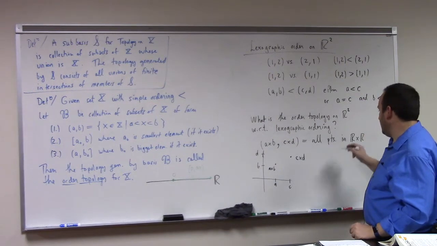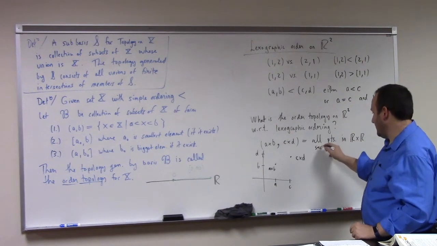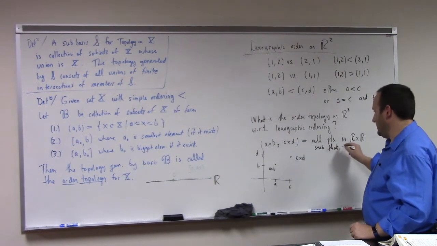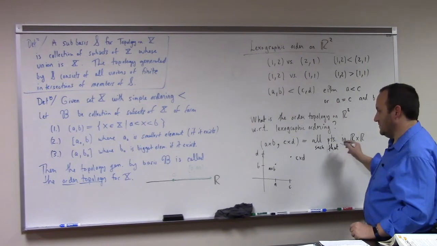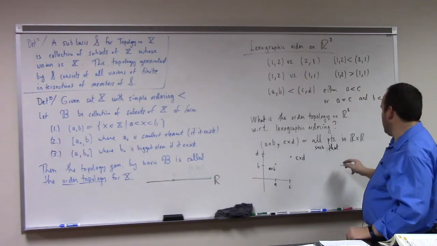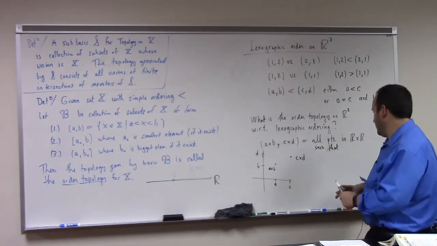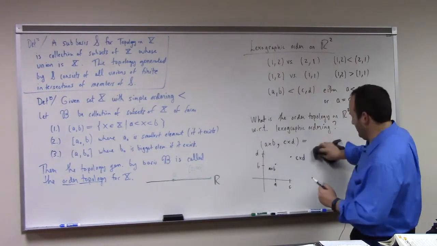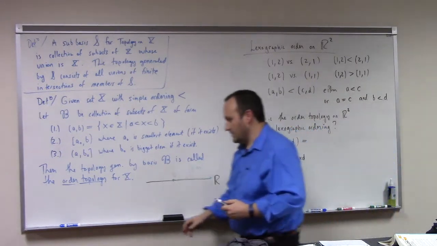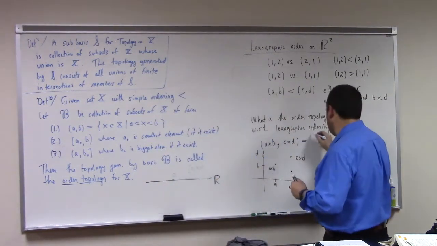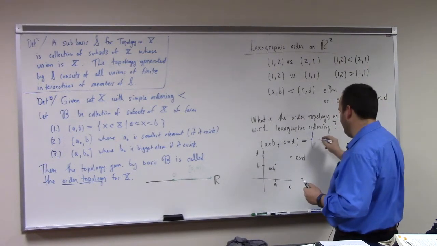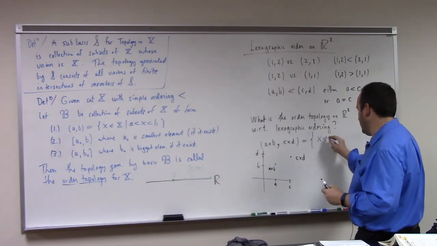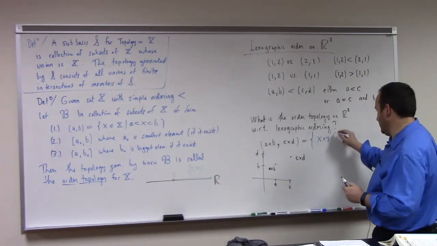So what would all points be such that what? Let me be more precise here. I can write the set builder thing for that. You need the first term to be less than C and greater than A. I'm trying to think how this would be, like x cross y such that what?